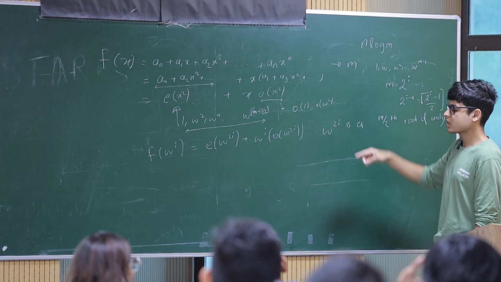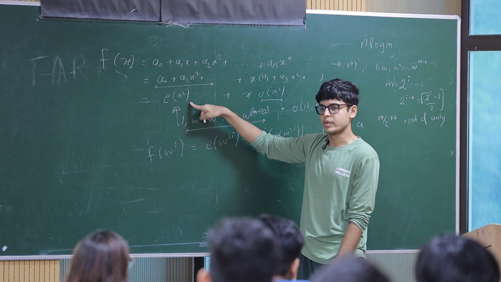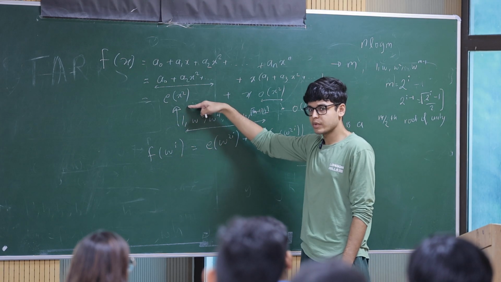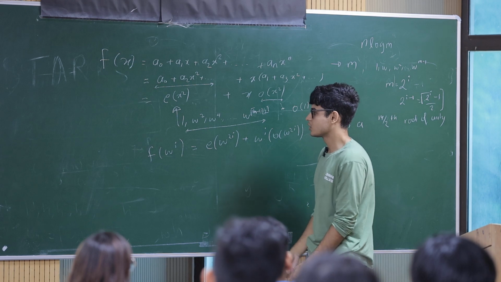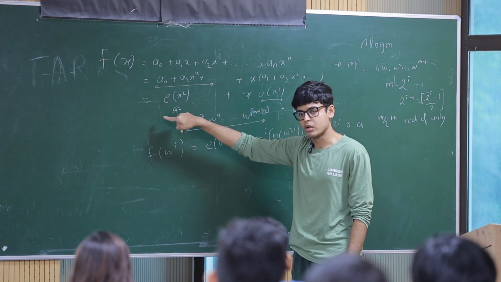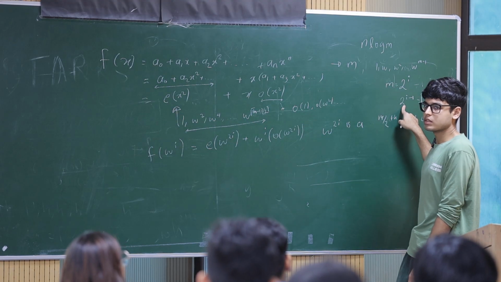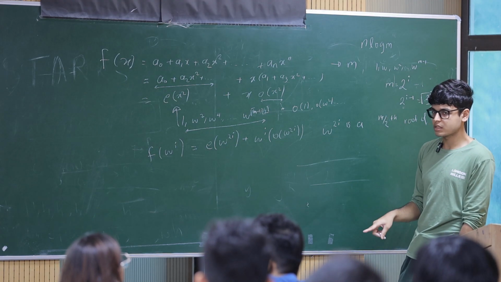When I do this evaluation, I want to evaluate E at x squared. If x is an mth root of unity, x squared is an m by 2th root of unity, right? So I would have to evaluate this even polynomial at 2 raised to i minus 1 elements. Agreed? Anything that doesn't make sense?